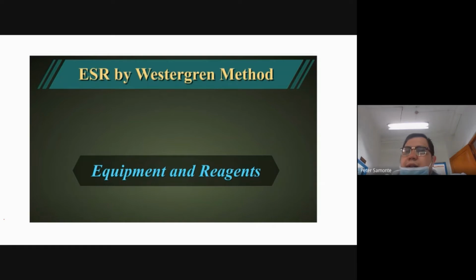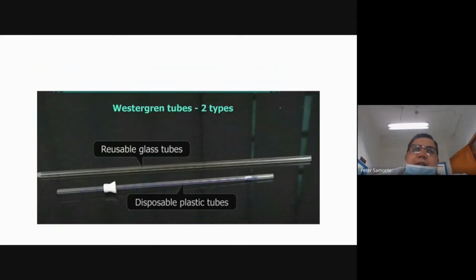Okay, let's discuss your ESR by Westergren method. So let's talk about your equipment and reagents. The first one would be your Westergren tubes. Now, class, depending on the laboratory, let's say medyo modern yung lab nyo, may budget, they would often use disposable plastic tubes.